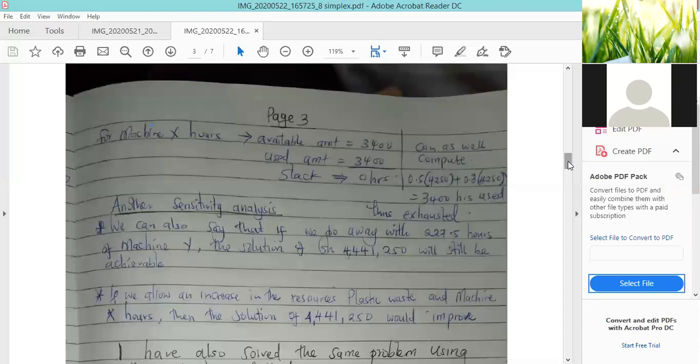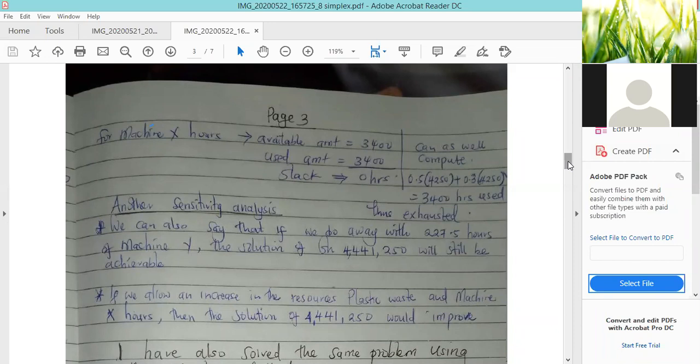And that interpretation, what I've talked about, is all that you have been asked to do on number 3, number 4, as well as number 5 there. The plastic waste, if we wish to overcome that particular constraint, then what do we do? We increase the units by purchasing each and every kg at a price of shillings 98.125, which is given by the shadow price. And maybe tomorrow the question will be about something like machine X, which was exhausted.